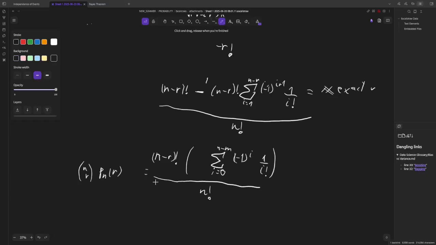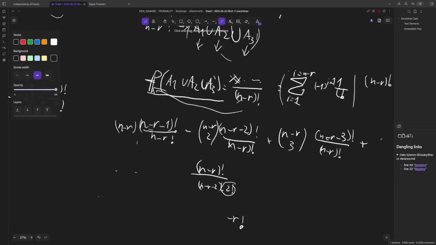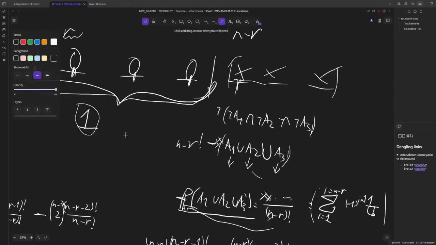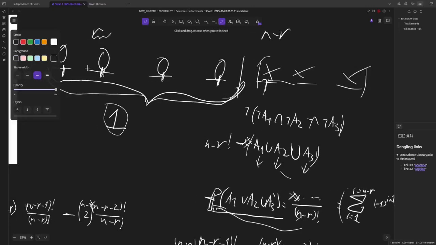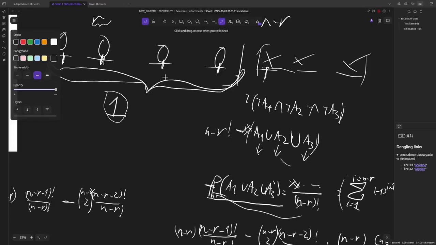So I'm pretty sure that this is because here we haven't chosen our r's to be any r. We have just taken a set of r numbers, but not any set of r numbers.